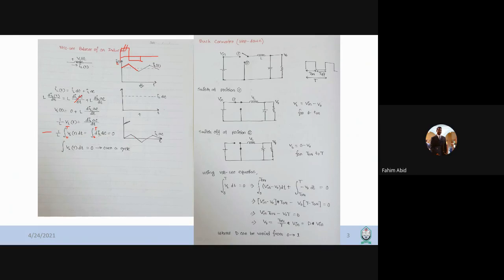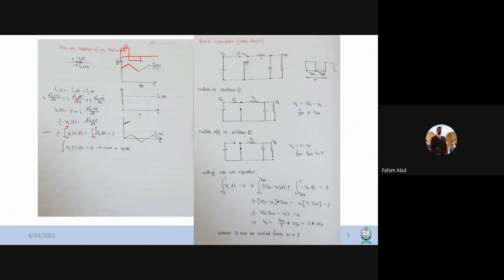That is what this volt-second balance equation says: the integration of v_L(t) dt is 0 over a whole cycle. Okay, so we will use this concept afterwards.